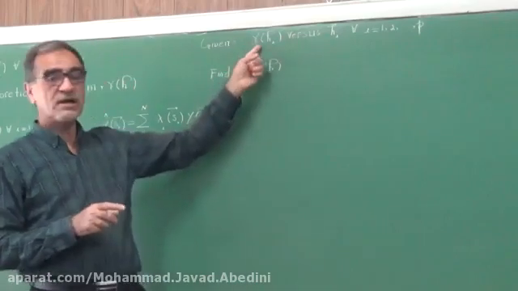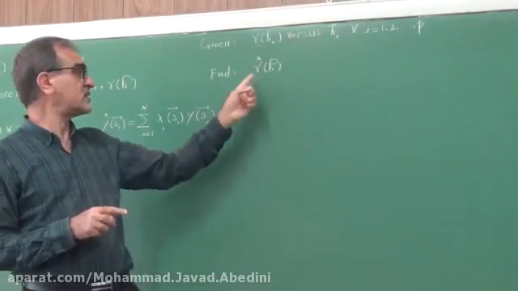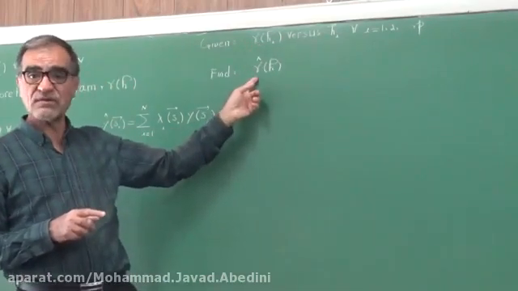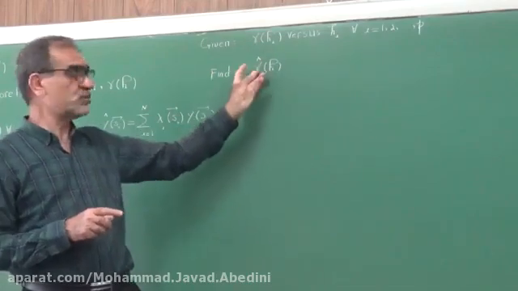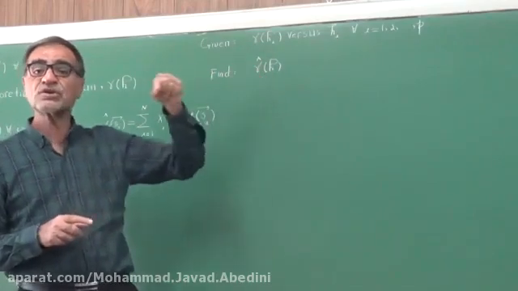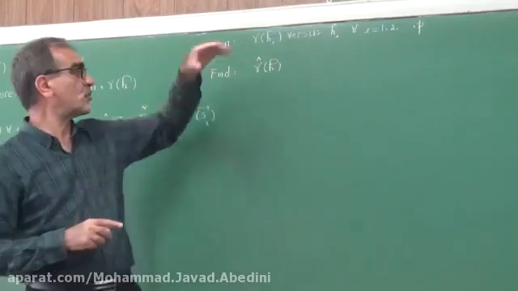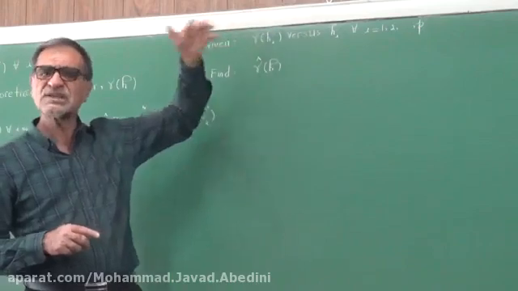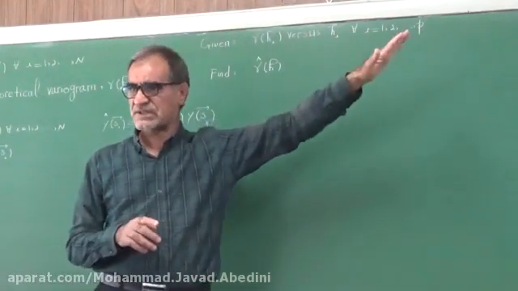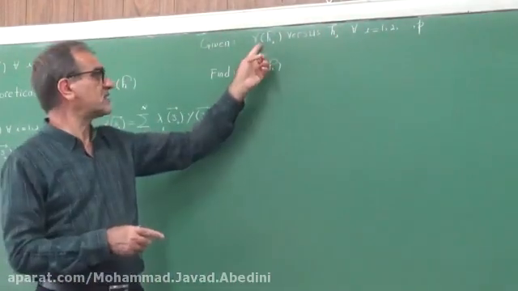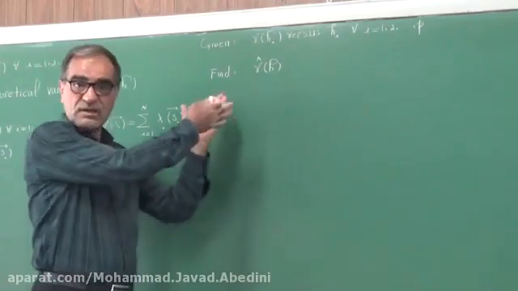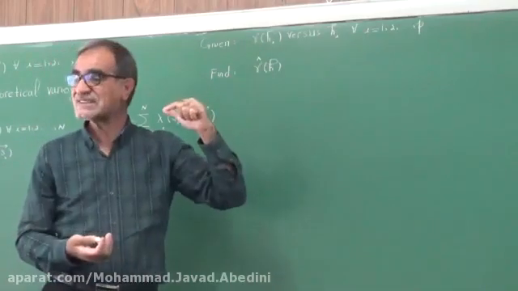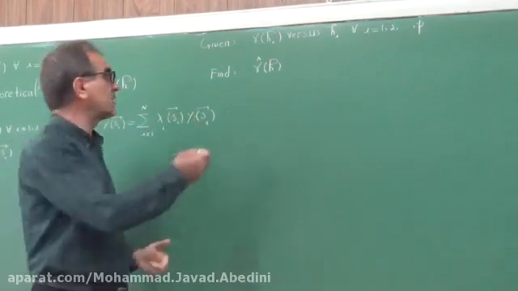If this is your experimental variogram and that is your theoretical variogram, you have to compute this theoretical variogram in order to minimize the error emerging from this and this. Just like what I did in my previous lecture. In fact, this will act as y, and this h will act as x.